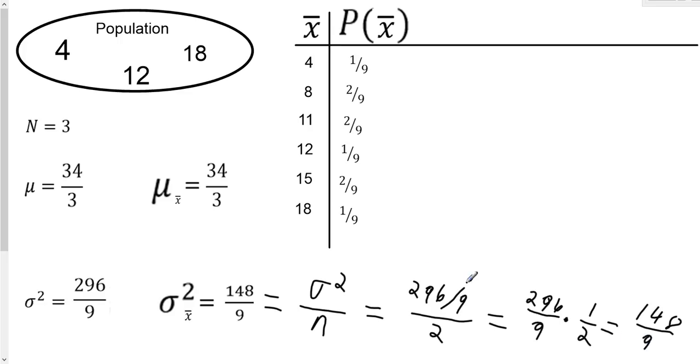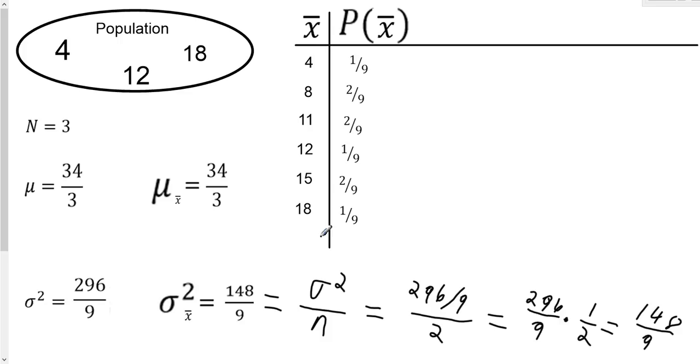So it turns out that the sampling distribution mean is equal to the population mean, and the sampling distribution variance is equal to the population variance over n.